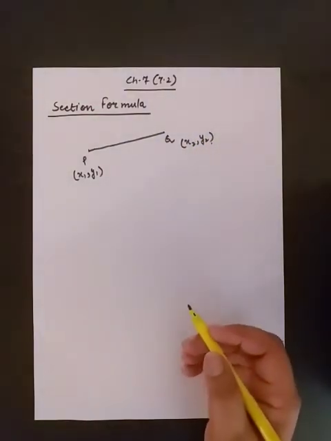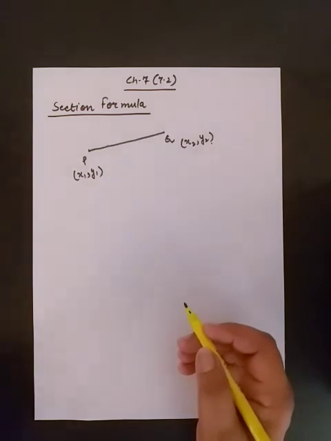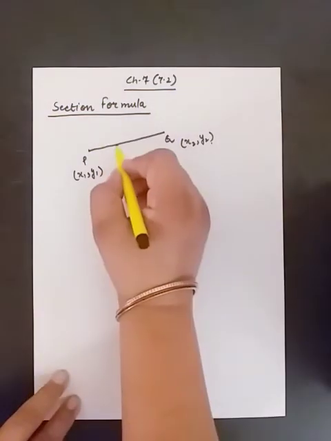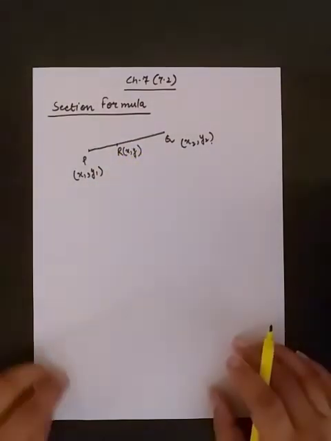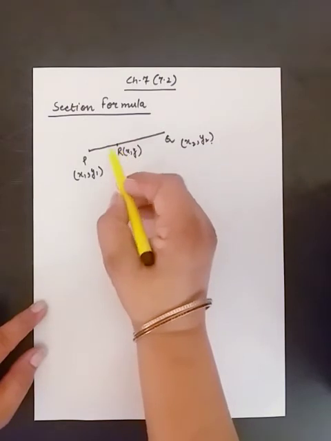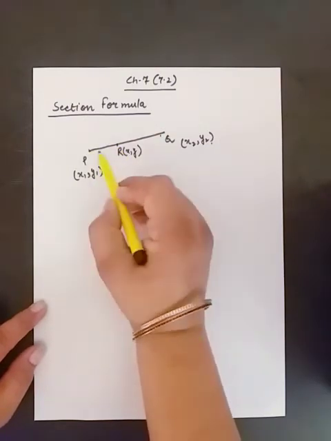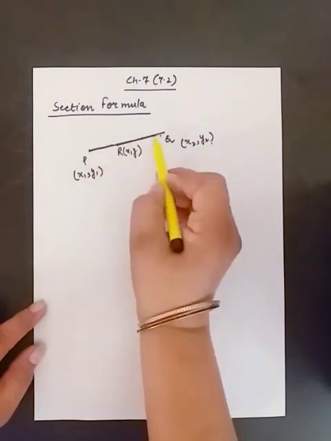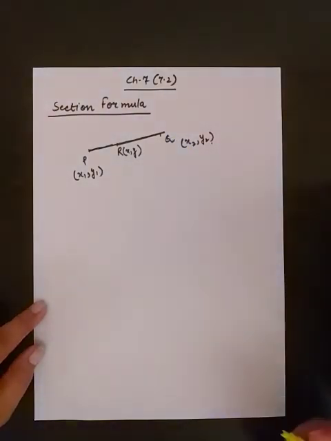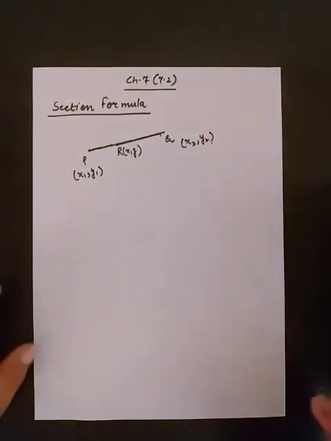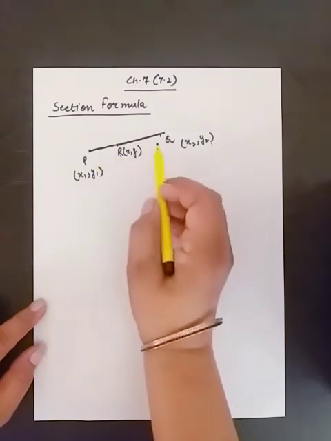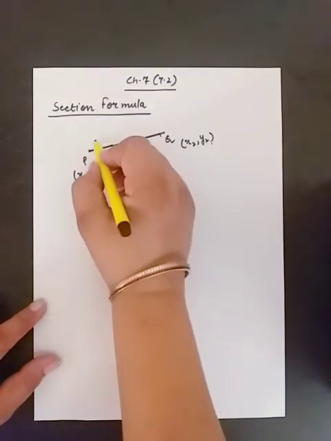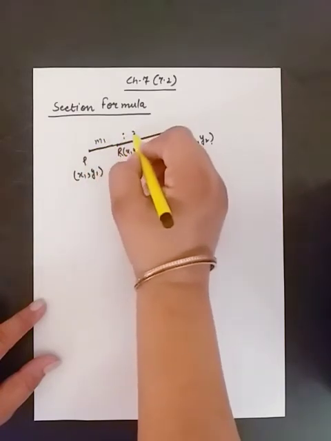And we know that whenever a point lies on PQ, it divides PQ in some ratio. So here point R and its coordinates are x, y. So you can see point R is dividing the length PQ into 2 parts. Now these 2 parts may be equal or unequal. So we can say that R divides PQ in some ratio, and let that ratio be m1 to m2.